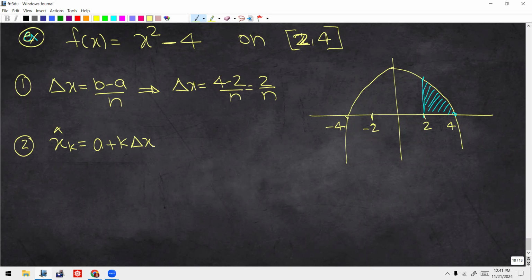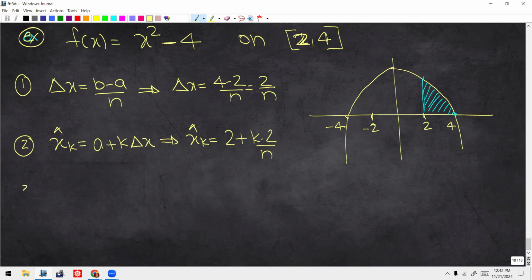If a is 0, it'll become very, very fast. Do you guys follow? If a is 0, this problem will become very fast. But for now, we'll just do it. So this gives us x hat sub k is equal to, a lot of your problems for homework have a is 0. Is that all right? So it'll go quicker. So we'll get 2 plus k times 2 over n, right? Because delta x is 2 over n, a is 2, right? Are we good?